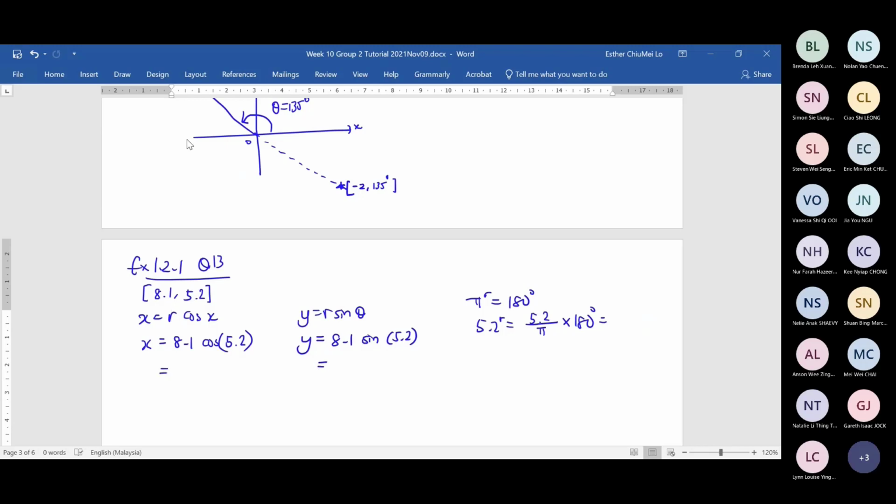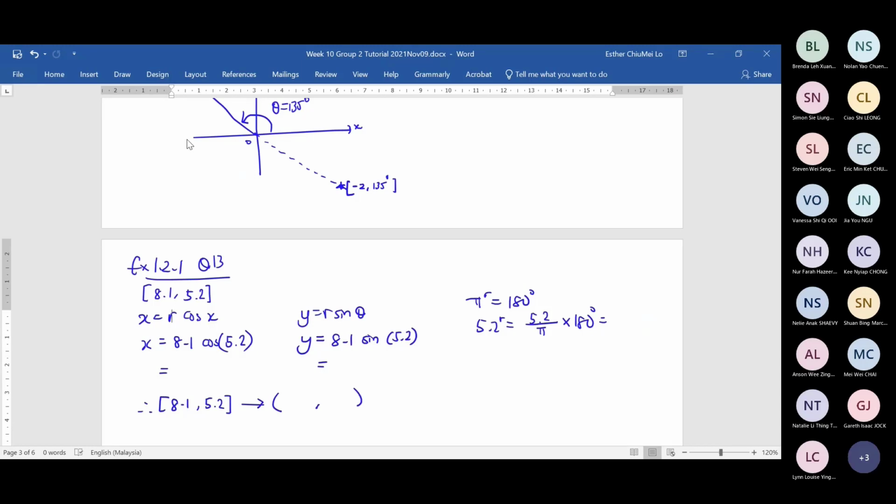One more step: after you transform and get your x and y values, please make sure you have another line here with 0.1, 5.2 in polar, mapped onto the Cartesian, where you get your x here and your y here.